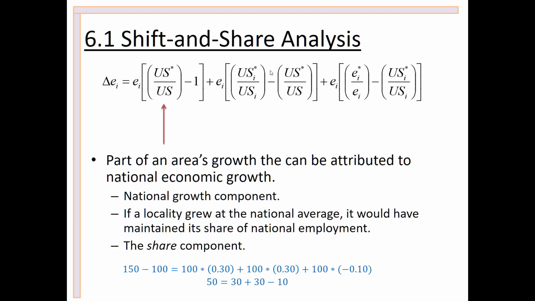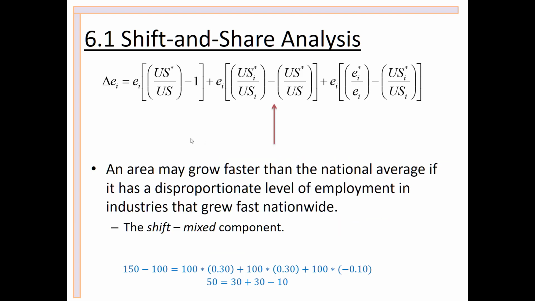Now let's look at the second term. An area may grow faster than the national average if it has a disproportionate level of employment in industries that grew fast nationwide. So this is the overall growth in US, and this is the overall growth of agriculture in US. It's measuring how much faster agriculture is growing than the other sectors. Times 100, which is the initial employment in the region, that's also 30.